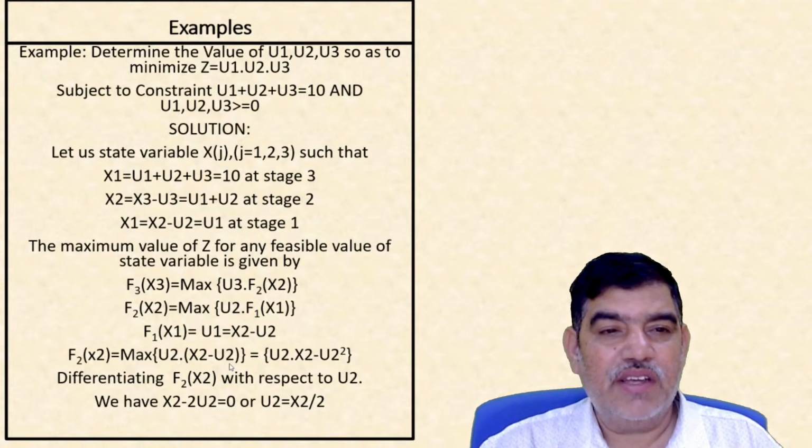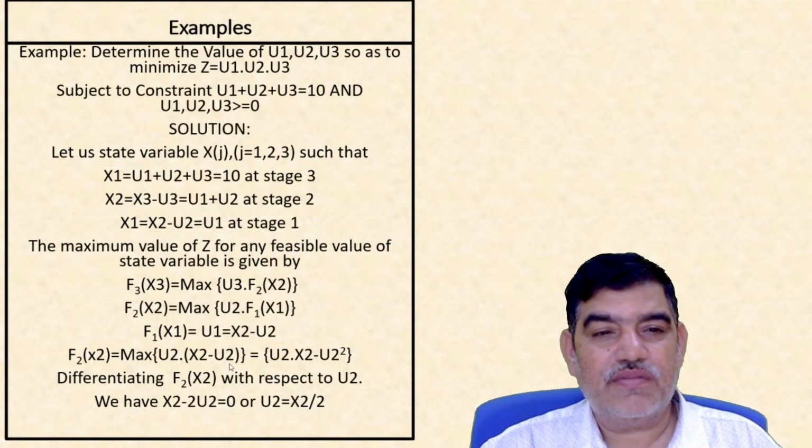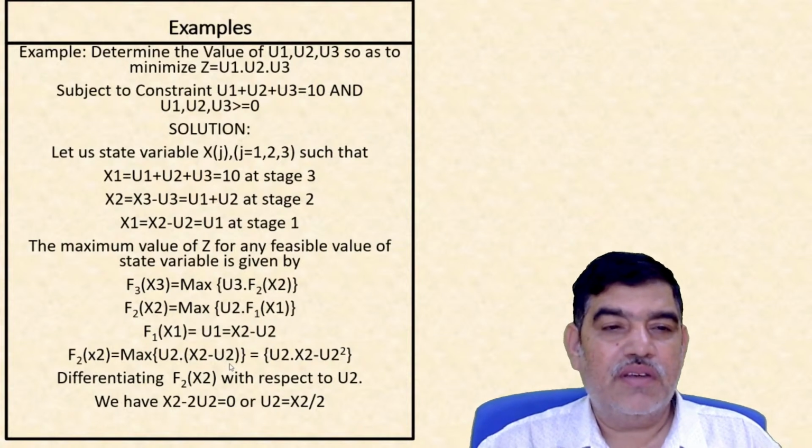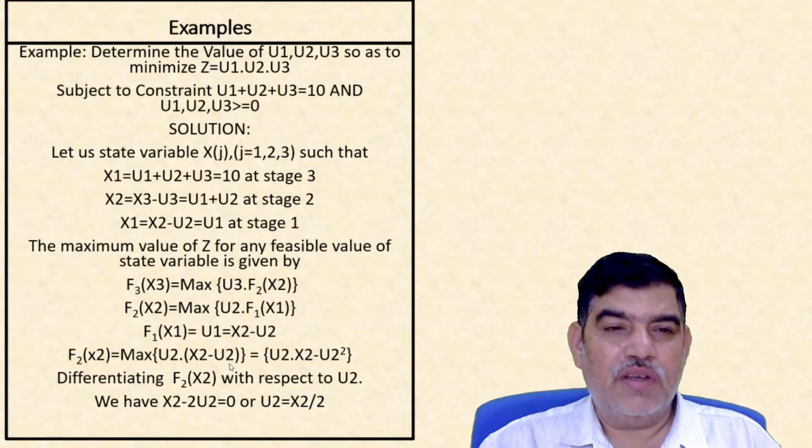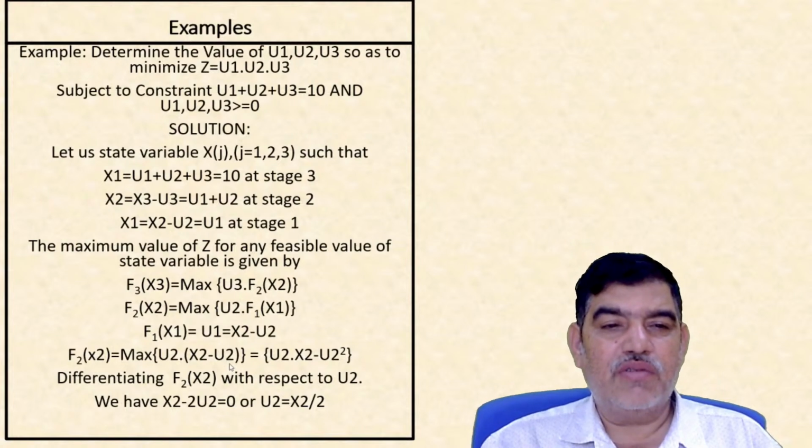Then I am writing x2 equal to x3 minus u3, that is u1 plus u2 at stage 2. Then x1 equal to x2 minus u2 equal to u1 at stage 1.